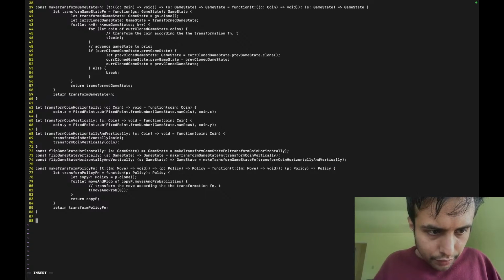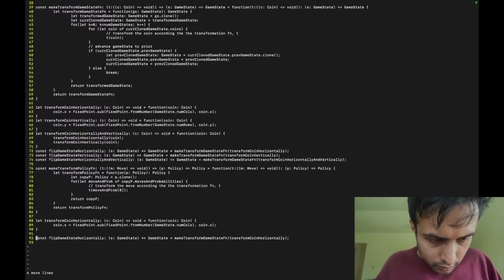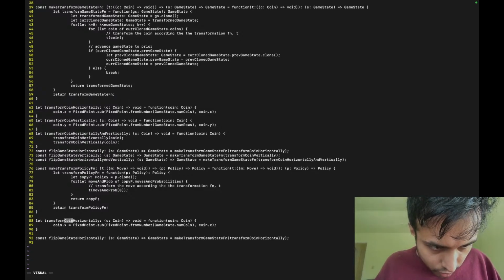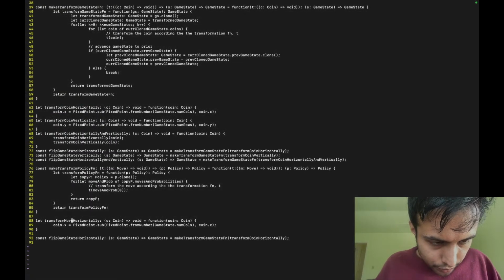So now let's copy this stuff right here, and do something like this. Copy these two lines. Now instead of transform policy, instead of coin, it'll be transform move horizontally.